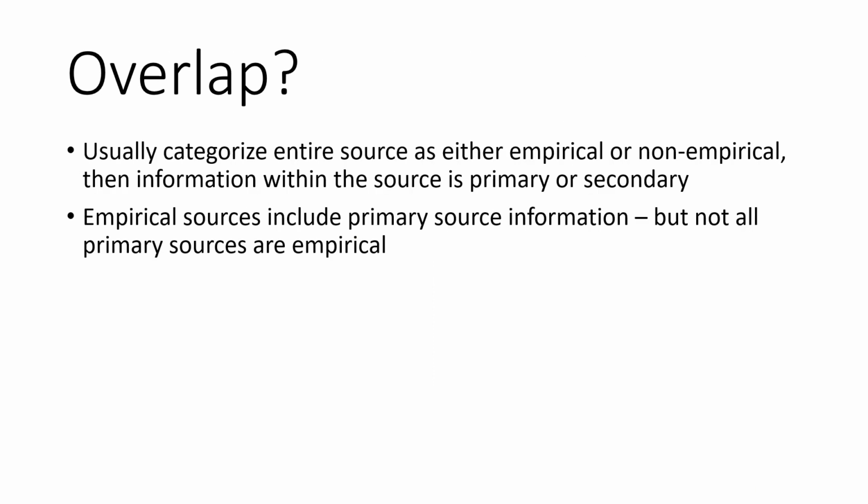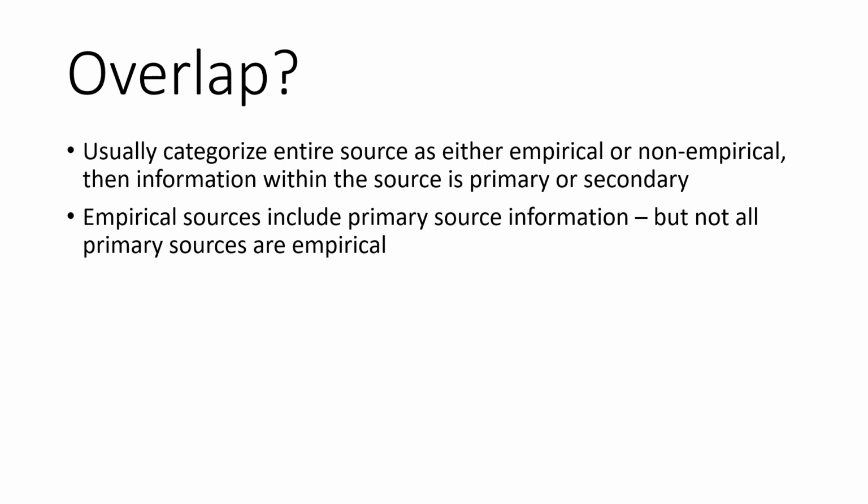You might have already found yourself wondering what the difference is between empirical sources and primary sources, or between non-empirical and secondary. It's a great question. It's a little tricky. There are really two different ways of categorizing sources. In addition to focusing on different characteristics, we also tend to classify entire sources as either empirical or non-empirical, while the information within those sources is categorized as primary or secondary. For example, a journal article that reports on the method and results of a study is considered an empirical source.